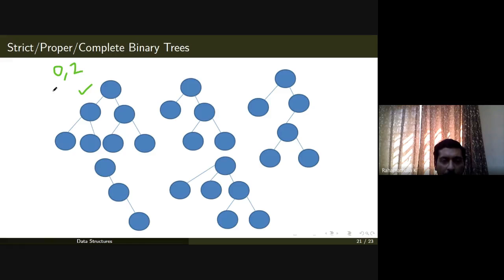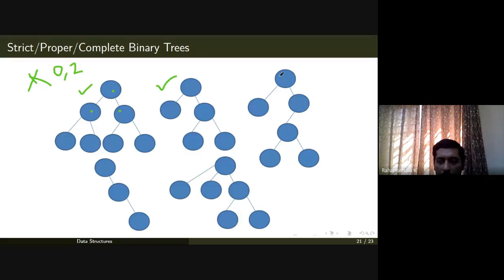You cannot have a degree 1 node in a strict or proper or complete binary tree. In this case, these nodes have degree 2, and all the leaf nodes have degree 0. Here, this node is degree 2, this node is degree 2, and 3 nodes are degree 0. So this is also a strict binary tree.